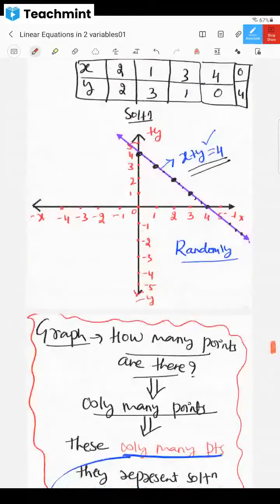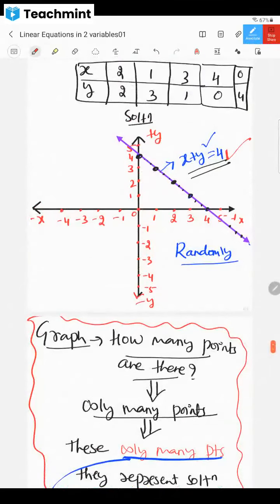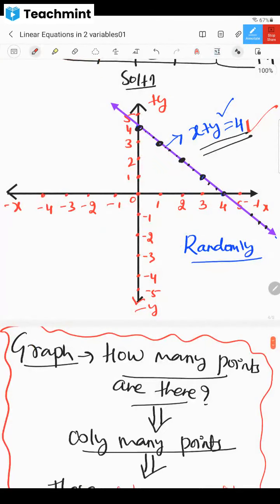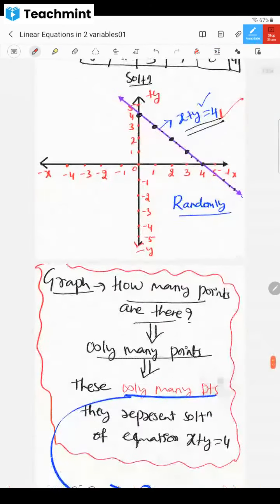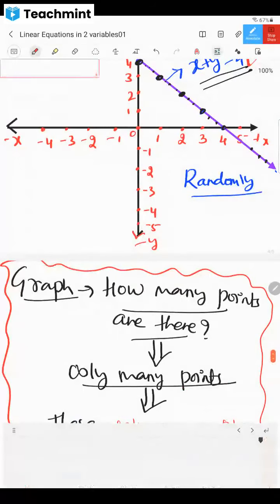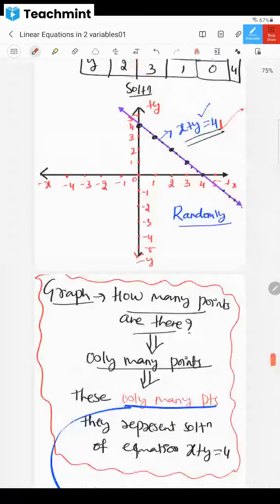See, this equation, x plus y equal to 4, definitely has infinitely many solutions. That means there are infinitely many points on this graph. These points are representing all these infinitely many solutions, because this graph will go up to infinity like this, right, dear children?